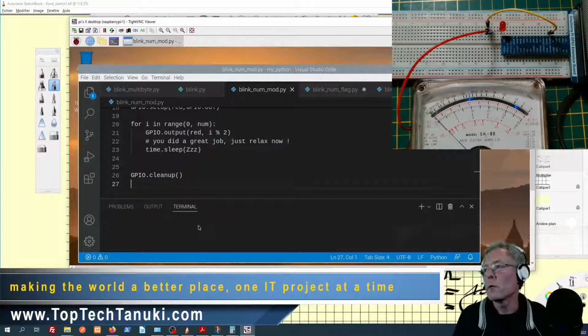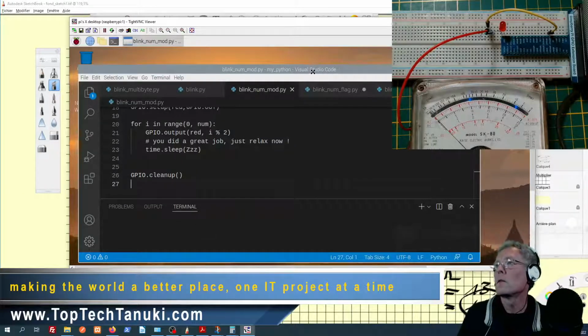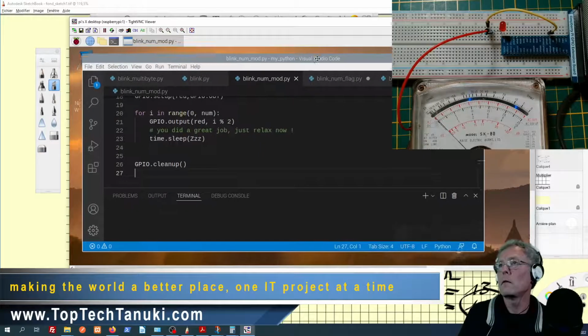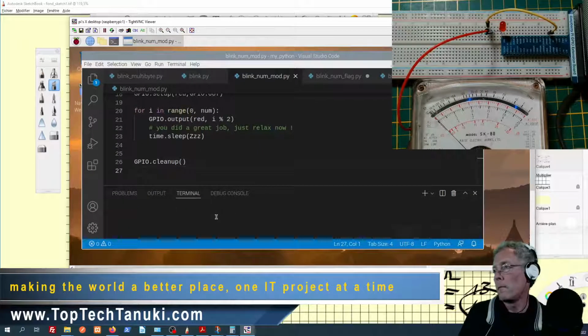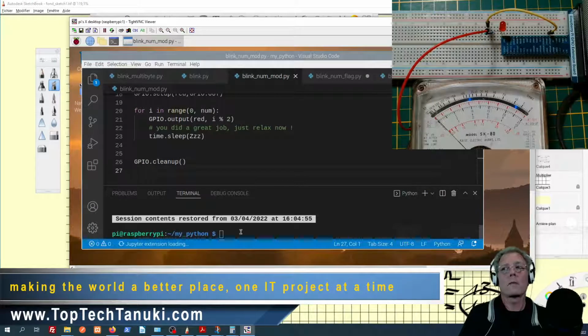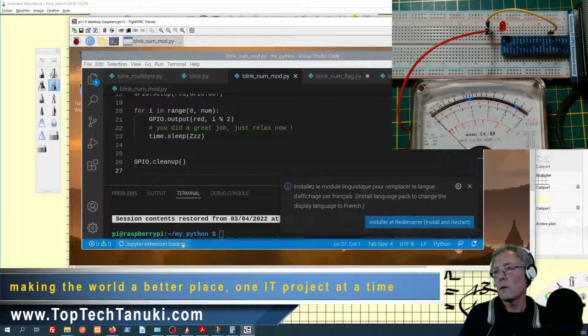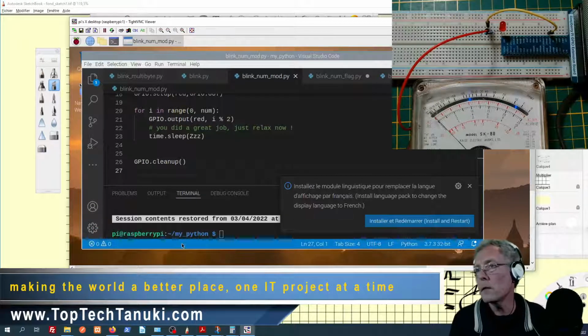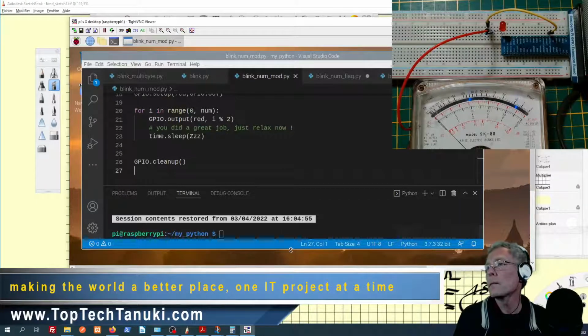If it's not even able to do this, we'll have troubles. Okay, Jupyter. Okay, it's loading many things, discovering and this and that. We don't need this. Okay.